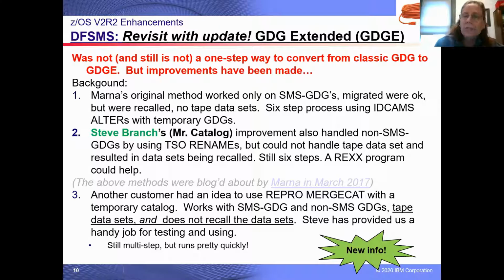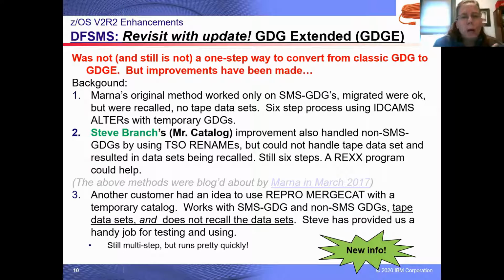It couldn't handle tape data sets still, and also the data sets had to be recalled. So Steve improved my idea a little bit in that he could handle non-SMS. But we still both had the strike against us that we couldn't handle tape data sets, and the data sets would be recalled. Okay, so I blogged about number 1 and number 2. If anybody cares about my blog, I blog about that. But number 3 is really the new info and the stuff I want to share with you today.